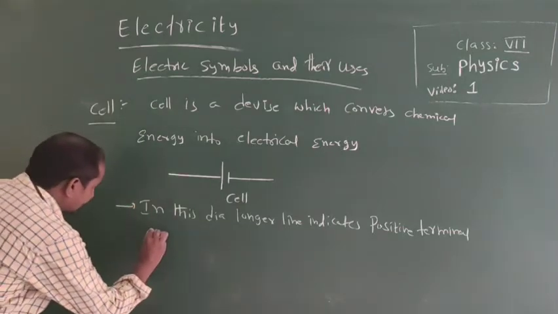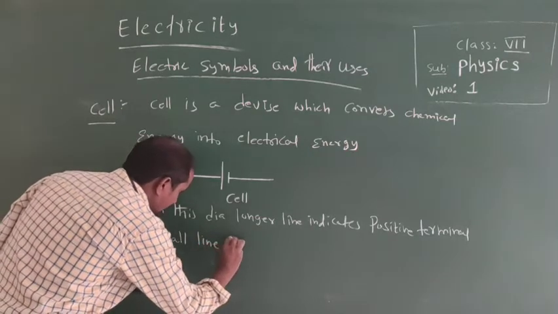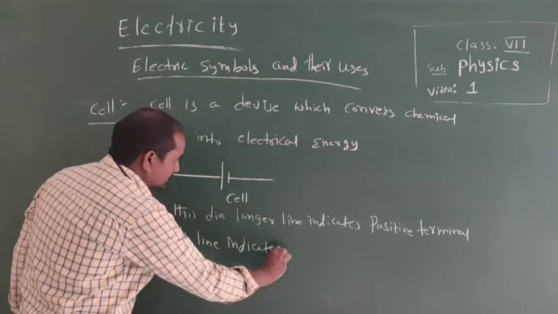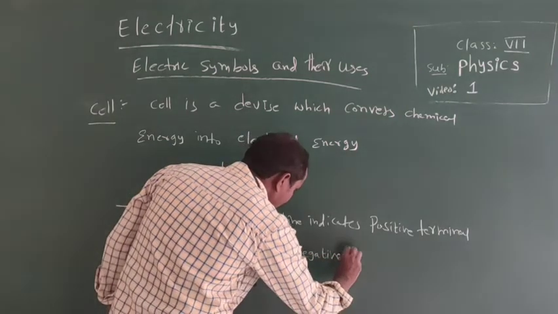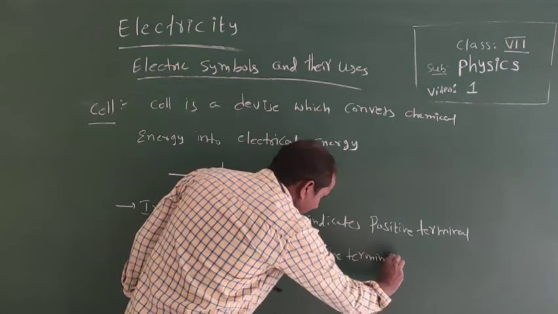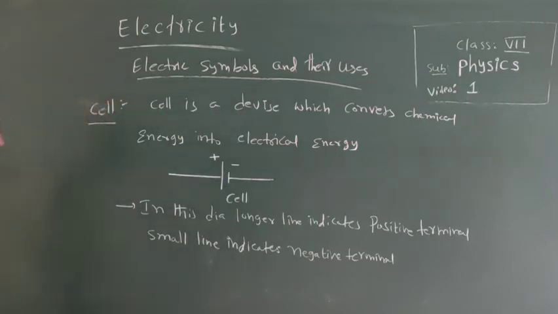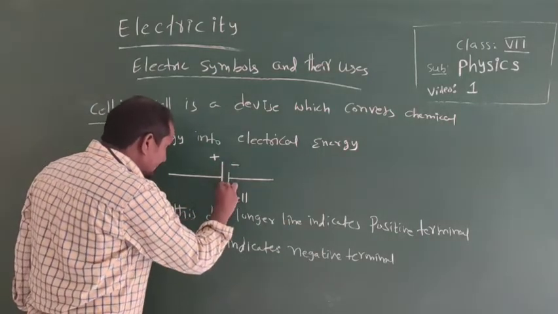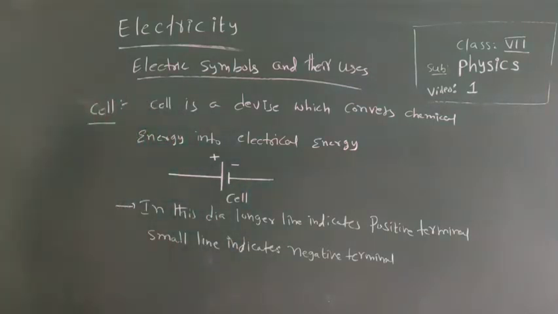The small line indicates the negative terminal. So every cell exists with two terminals, one positive and one negative. The longer line indicates the positive terminal, and the small line indicates the negative terminal.